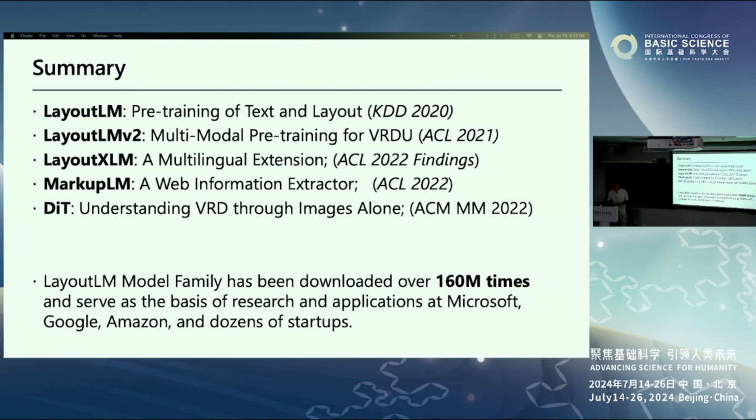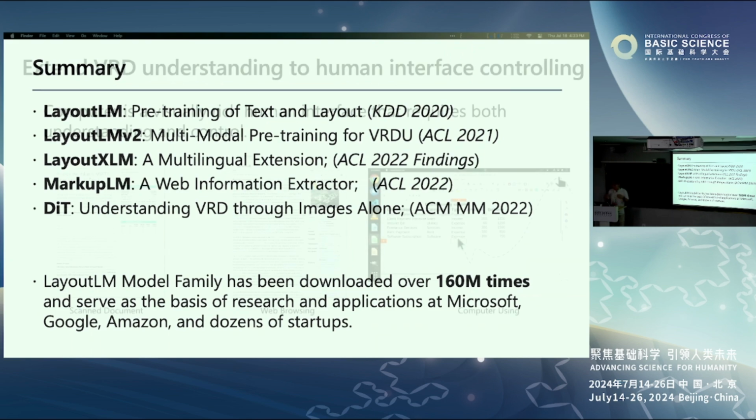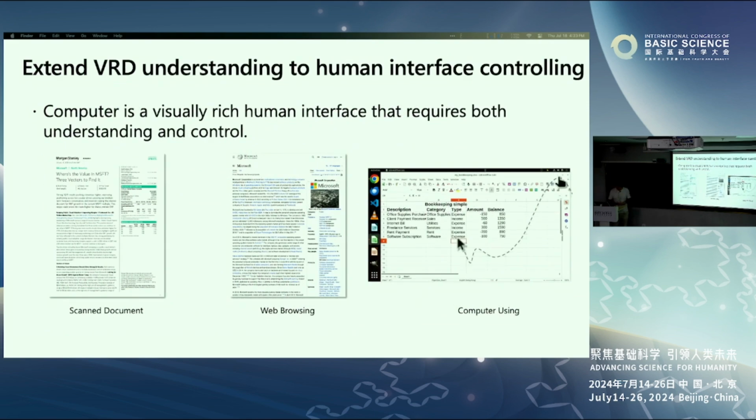The model family has been downloaded over 116 million times and serves as a basis for research and applications of different companies and startups. After this work, I finished my internship at Microsoft and started my PhD study.